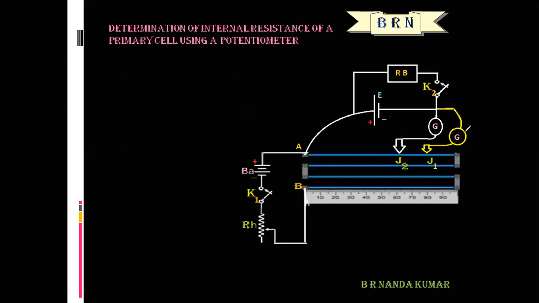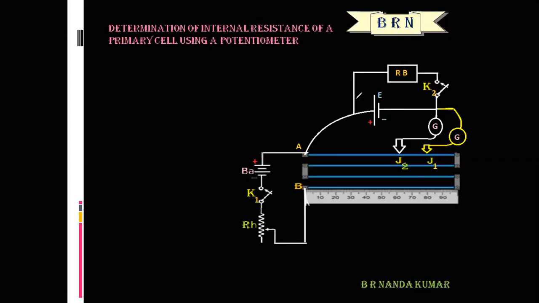After that, a resistance box is connected across the cell through a plug key, that is K2. So this is the secondary circuit.